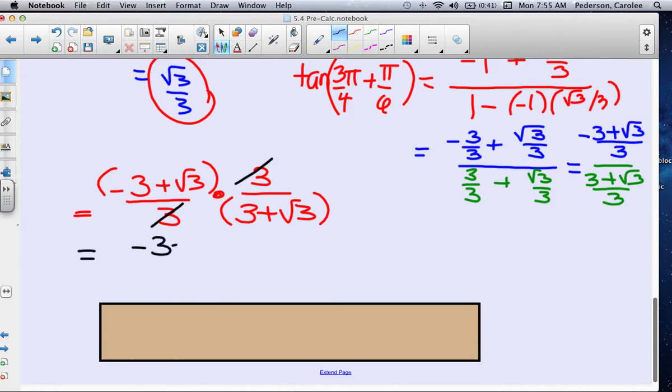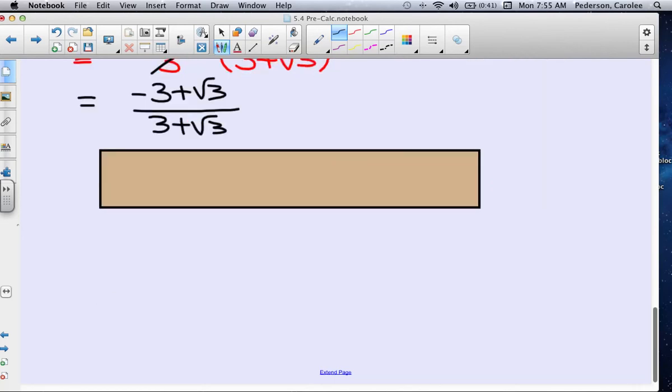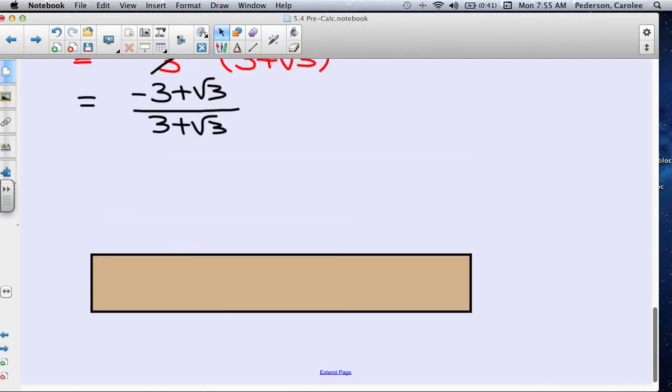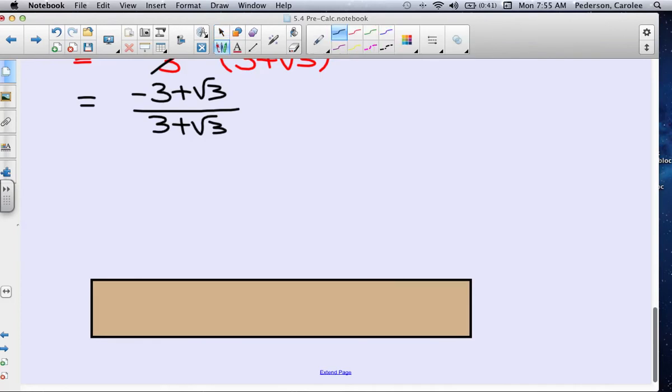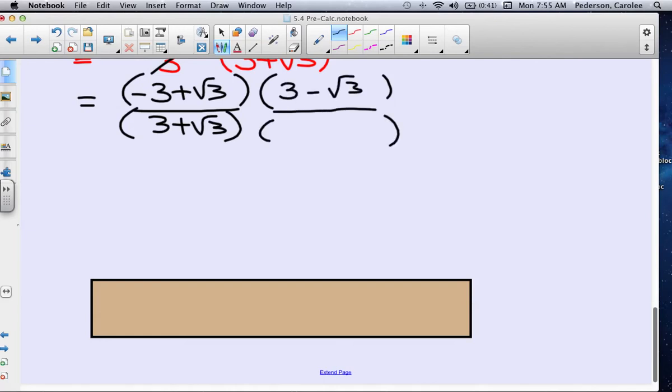And we have -3 plus the square root of 3 over 3 plus the square root of 3. Now we have to rationalize that denominator. So we're going to go 3 minus the square root of 3, and then 3 minus the square root of 3. And we multiply by FOILing.